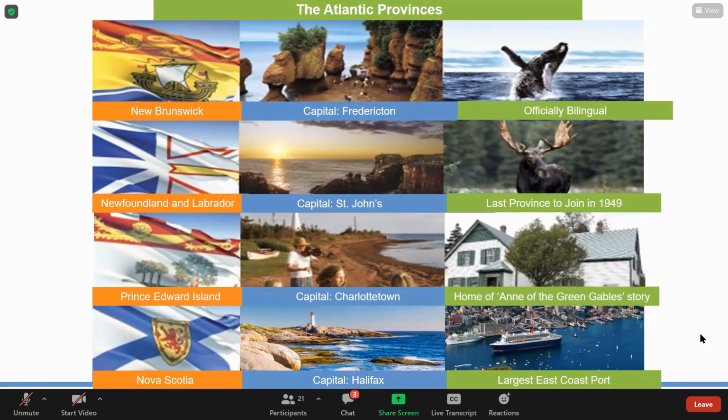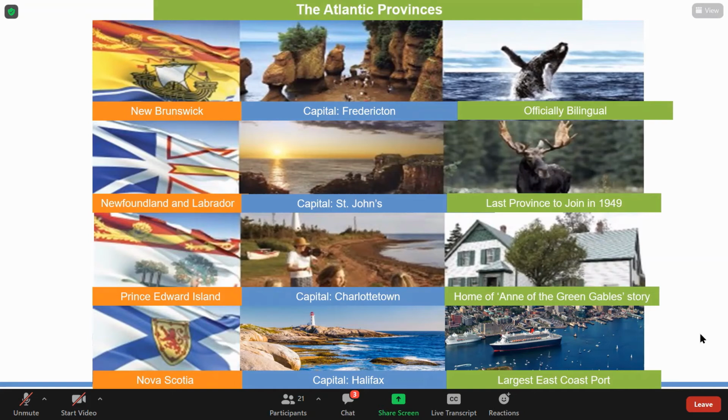If you go to Nova Scotia, the capital is Halifax. The most important thing is we have ports, like the East Coast trade port and the West Coast. And in Halifax there is also a navy port.